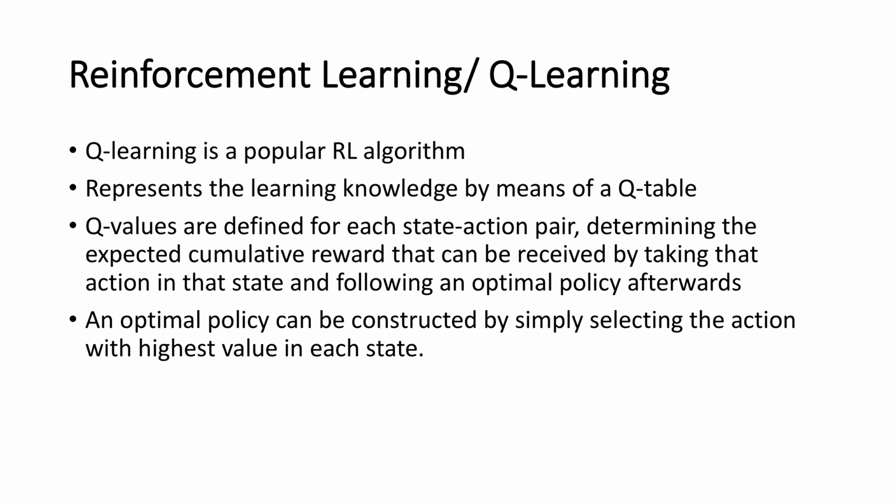So an optimal policy can be constructed by simply selecting the action or decision with the highest value in the Q table for each state.